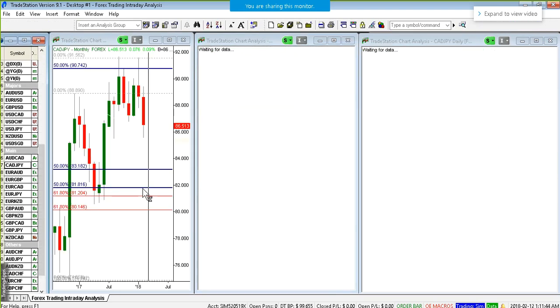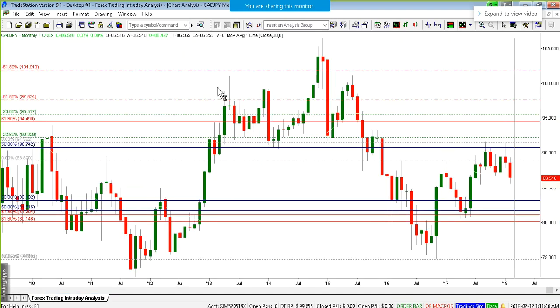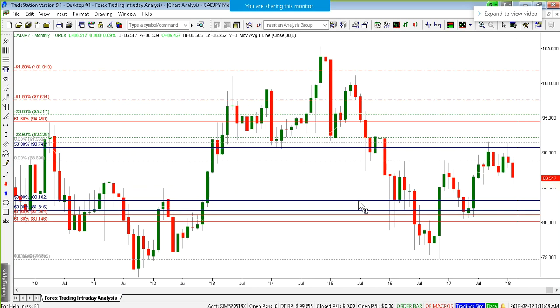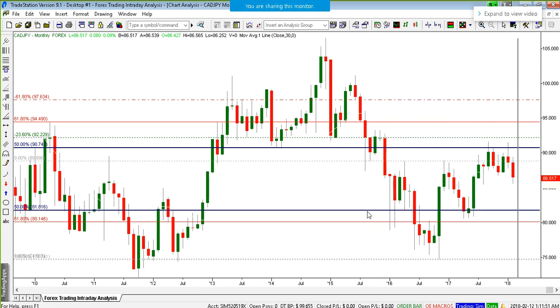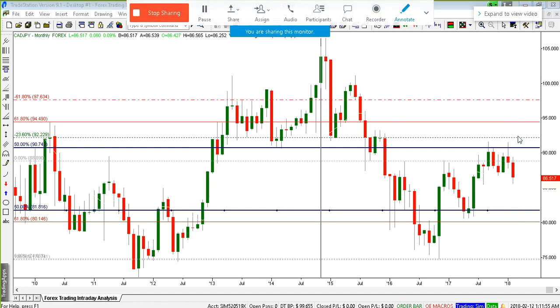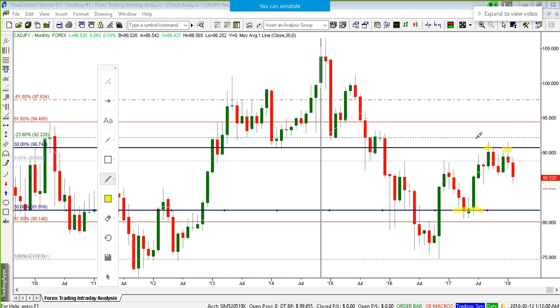Canadian dollar, Japanese yen, the weekly clearly shows a 50% short here, and that was tested twice on the weekly time frame. Remember how the 50% long was never capable of bringing price into that first target.